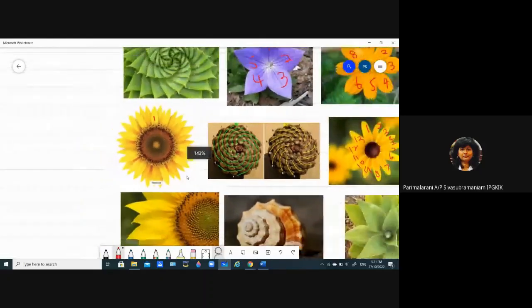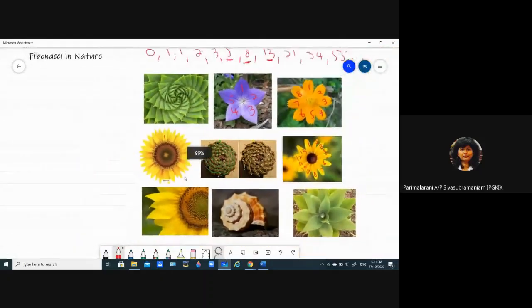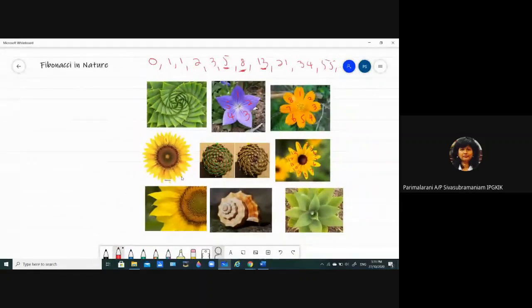I've counted it and I think there are 34 petals. 34 is also a Fibonacci number.